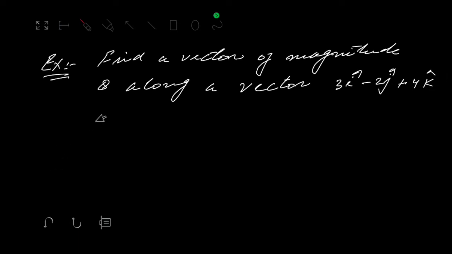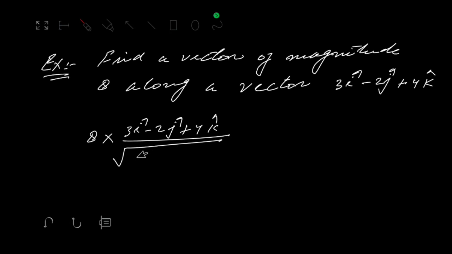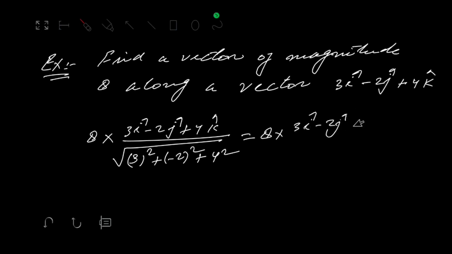Then the required vector of magnitude 8 along this vector is given by 8 multiplied by 3 i cap minus 2 j cap plus 4 k cap divided by under root 3 square plus minus 2 square plus 4 square, or 8 multiplied by 3 i cap minus 2 j cap plus 4 k cap divided by under root 9 plus 4 plus 16.